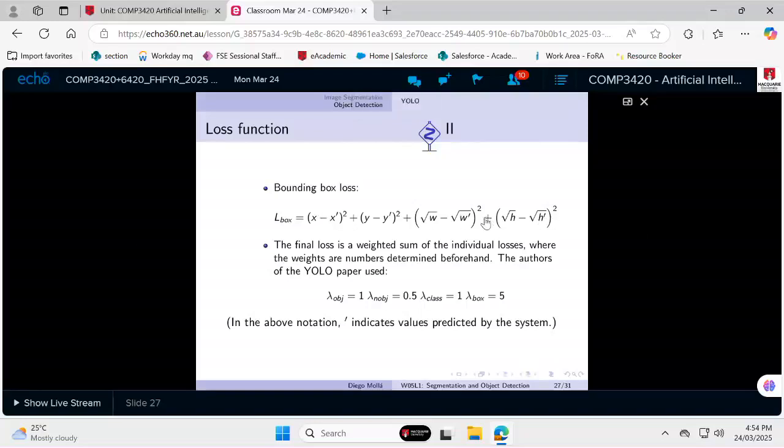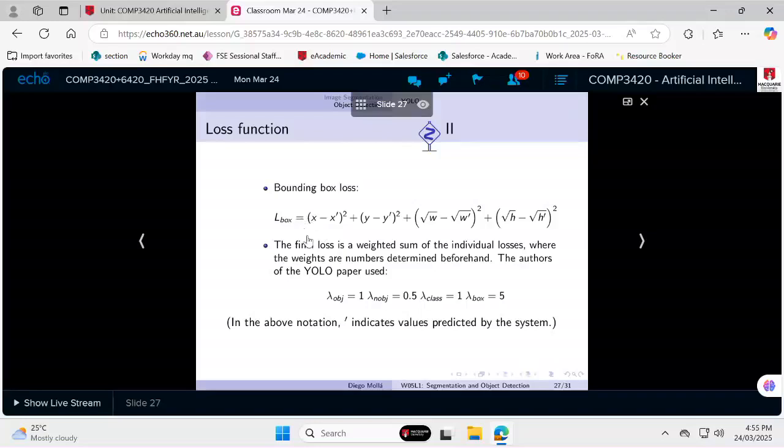The sum square error, here there is some square root in between, but basically it's trying to find a formula which will be, when there is less error of prediction, the value is smaller. When there is a larger error, the value is larger. And you look at this, it's a difference, so it's going to be in function of the difference of prediction.